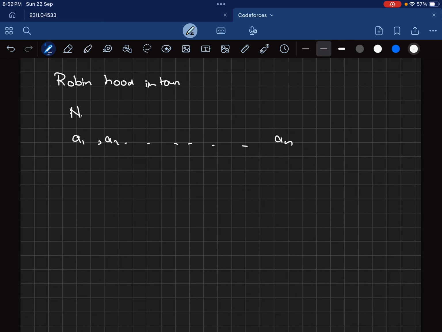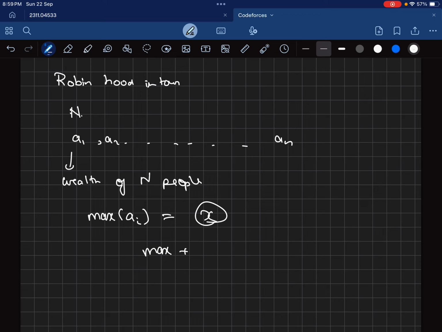These integers signify the wealth of n people. The richest person, whose wealth is the maximum over the ai, gets a pot of gold with x gold coins, so his wealth becomes max of ai plus x.